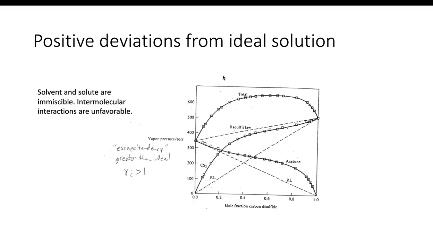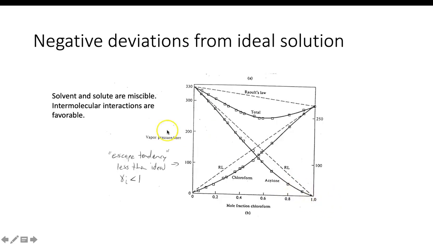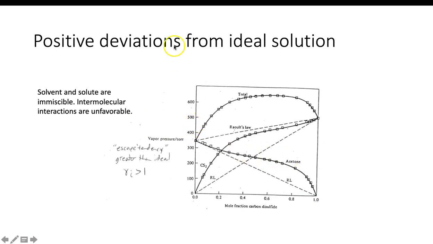So the Henry's law constants depend on both the solute and the solvent. In the previous plot, the acetone Henry's law constant extrapolated to somewhere around 200 torr, whereas here it would extrapolate to well over 1,000 torr.